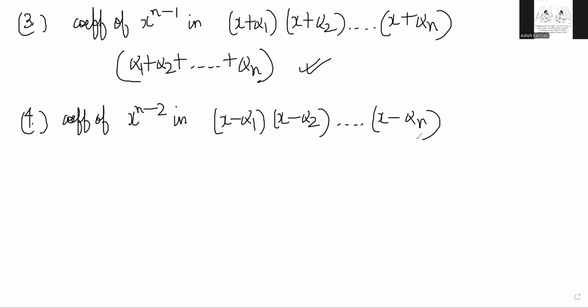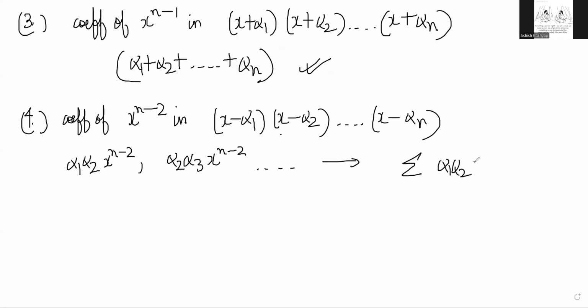So now basically you have to select two constants, and the remaining terms will be x, right? So there will be terms like this: alpha 1 alpha 2 x power n minus 2, alpha 2 alpha 3 x power n minus 2, and so on. So technically you're looking for the summation of alpha 1 alpha 2, alpha 1 alpha 3, and terms like this, right?